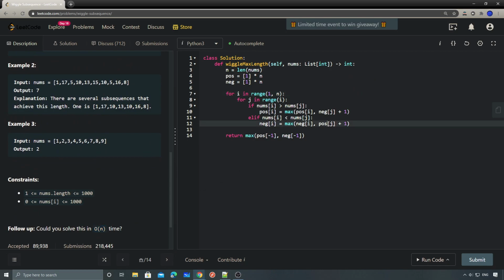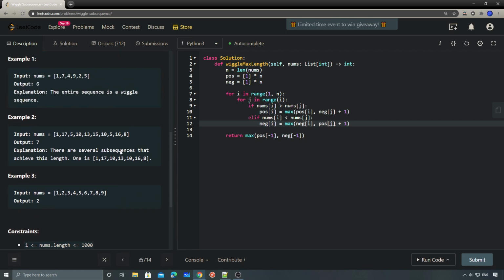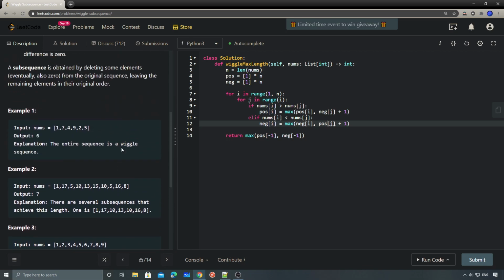So actually, if you watch this problem closely and compare it a little more with LIS, the reason in the longest increasing subsequence we do this inner loop for j between 0 and i is because we want to make sure that the current number is greater than this number.